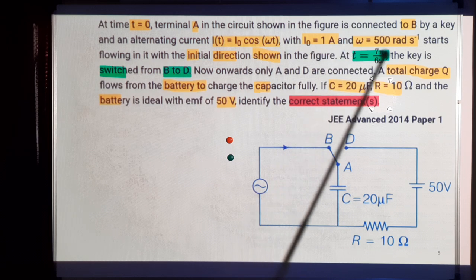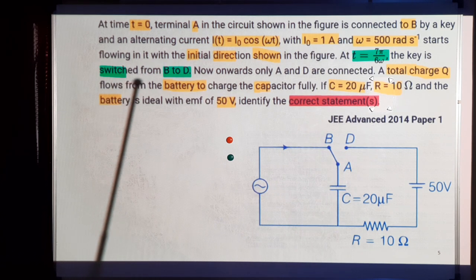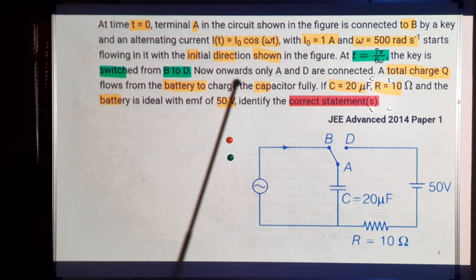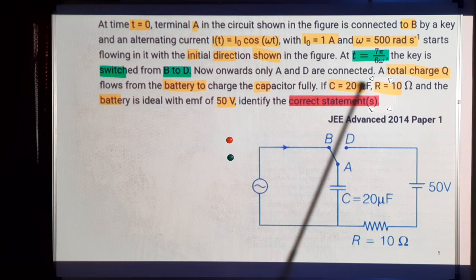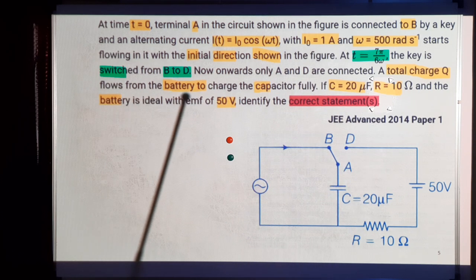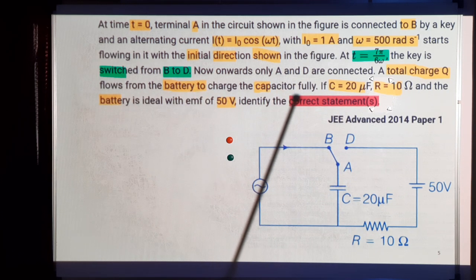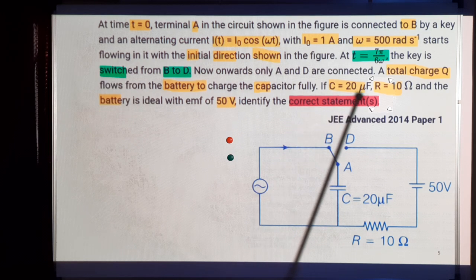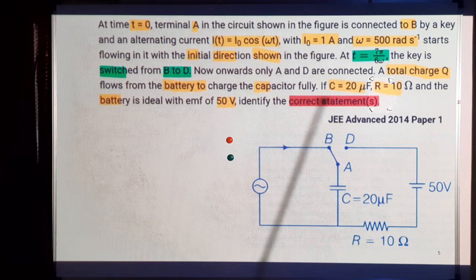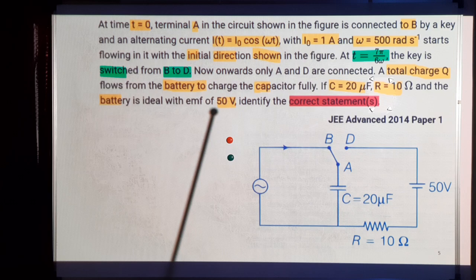At t equal to 7 pi by 6 omega, the key is switched from B to D. Now onwards, only A and D are connected. A total charge Q flows from the battery to charge the capacitor fully. If C equal to 20 microfarad, R equal to 10 ohms, and the battery is ideal with an EMF of 50 volts, identify the correct statements.